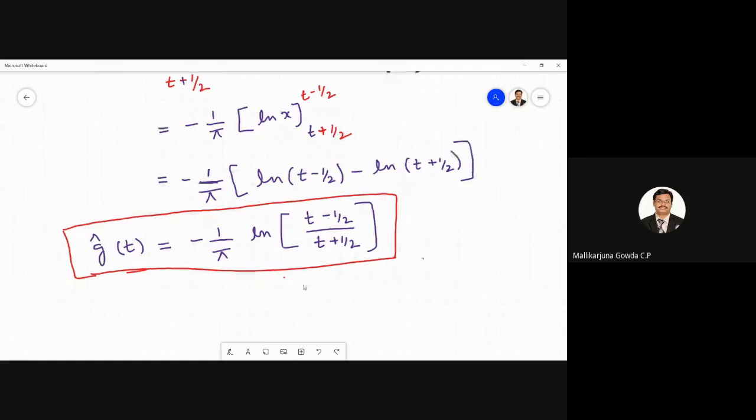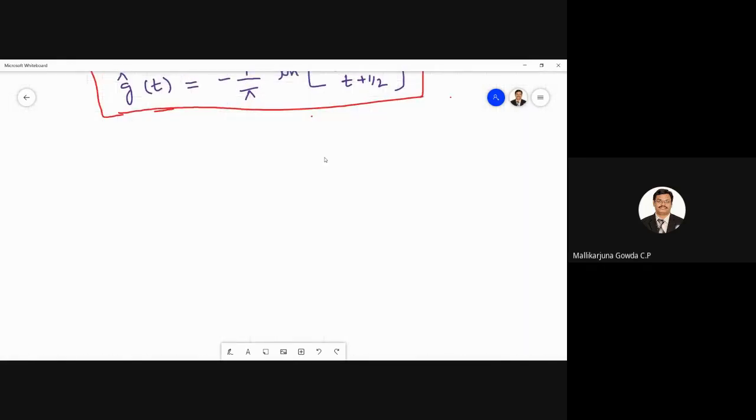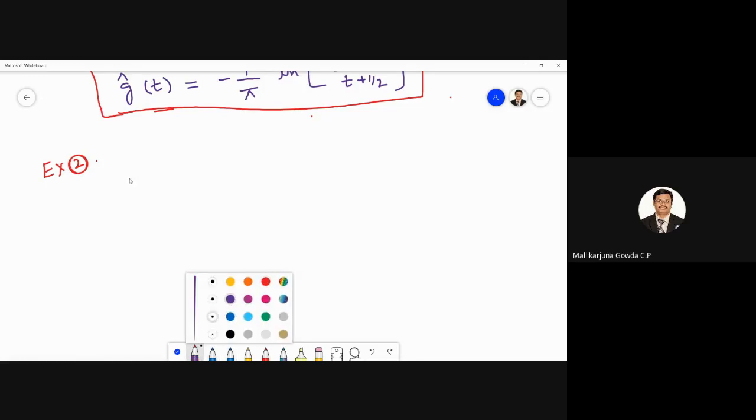The rectangular pulse was the previous one. So the next example is to find the Hilbert transform of sinc function.